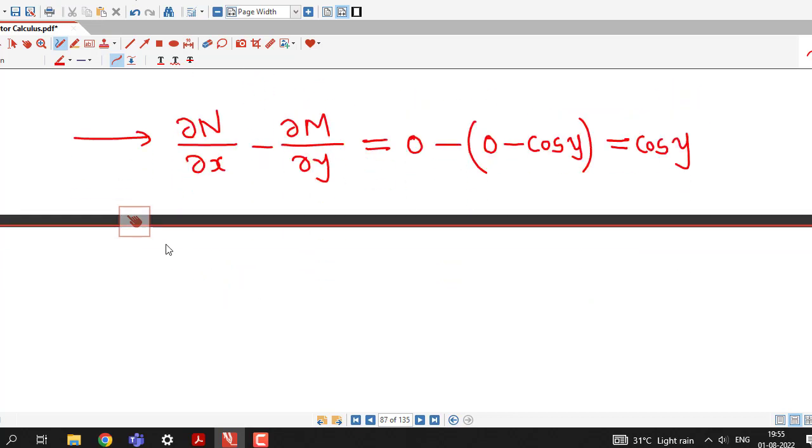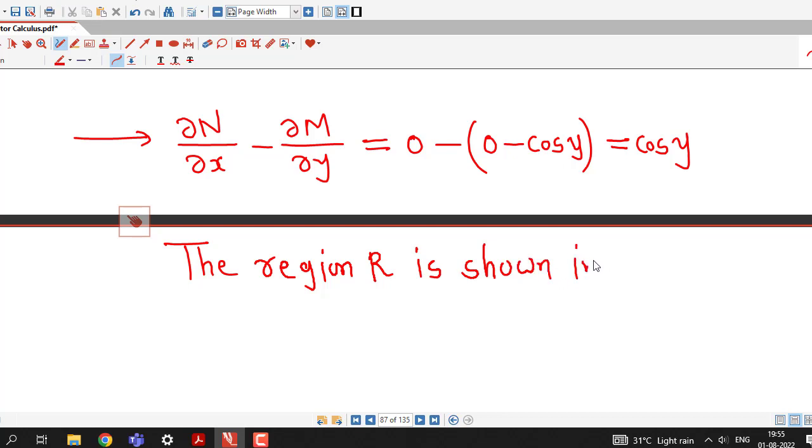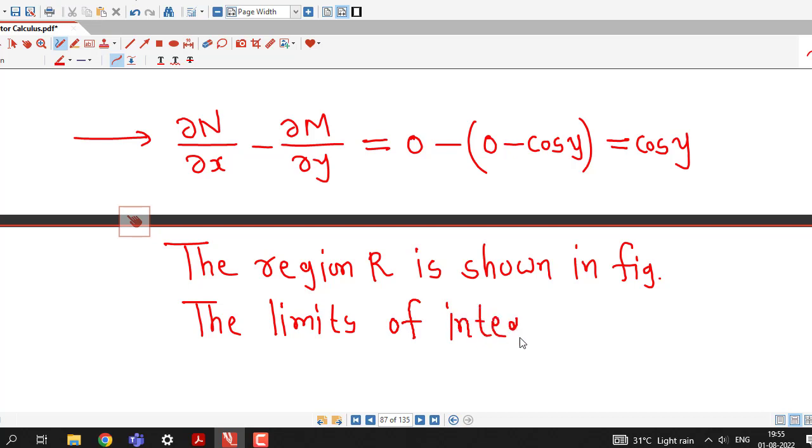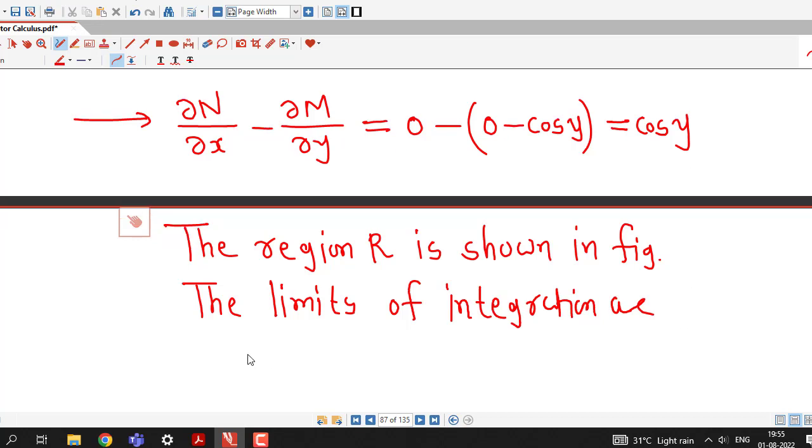And we can see, or we can shortly write that the region R is shown in figure, and we can write that the limits of integration are y is from 0 to x and x is from 0 to pi by 2.